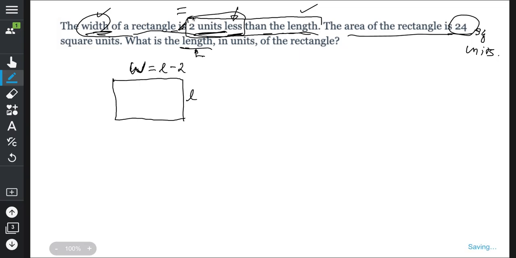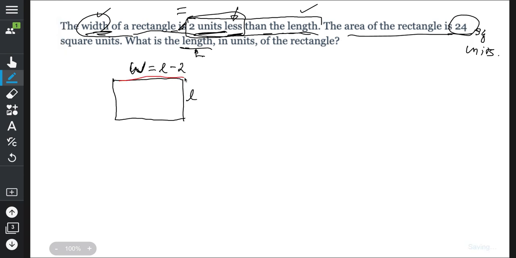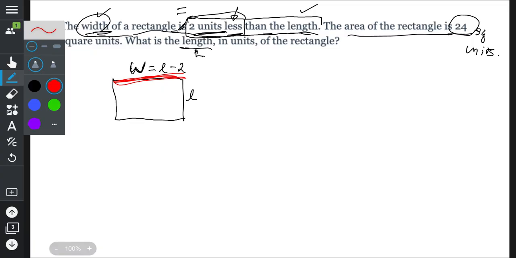They're not the same. So we have kind of an equation right here representing the width. What we're going to do is make an equation so that we can solve for L.